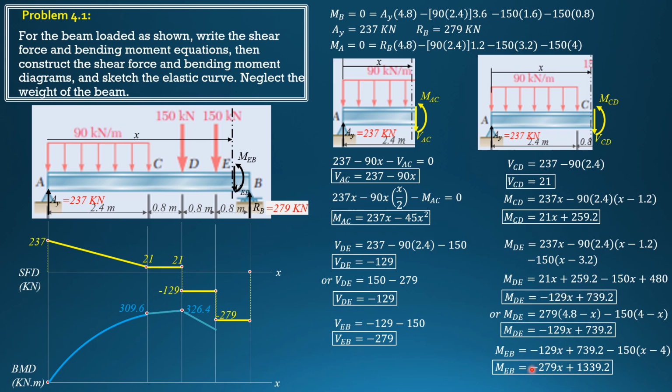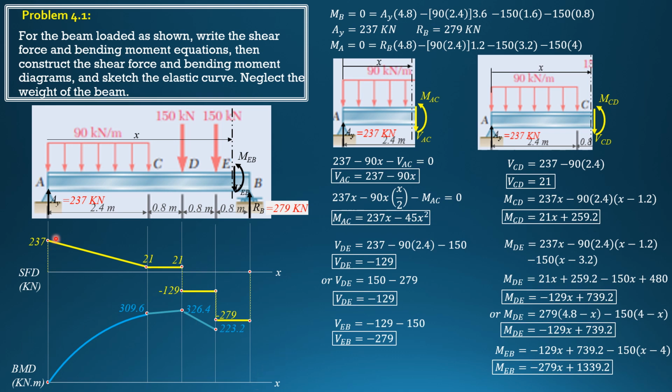Finally, for segment EB, substitute first x is 4, negative 279 times 4 plus 1339.2. It will give us 223.2, same. Then when x is at B, 4.8, negative 279 times 4.8 plus 1339.2, it will be 0.